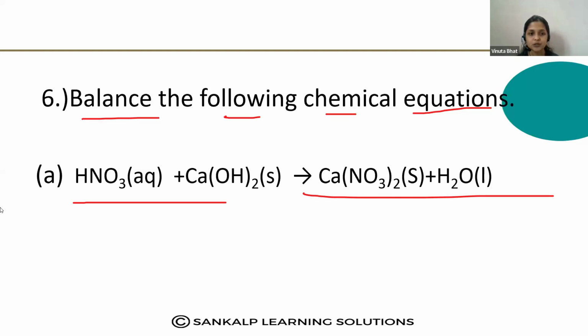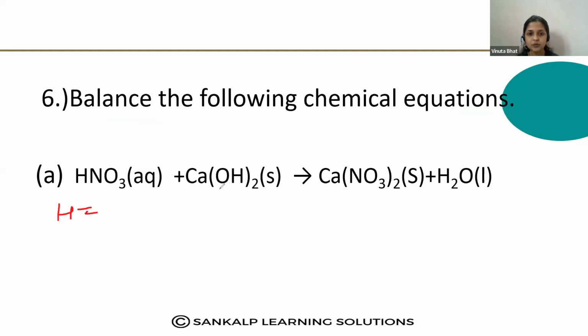Let us check the hydrogen. Hydrogen is 2 plus 1, 3 here. Nitrogen, 1. Oxygen, 3 plus 2, 5 oxygen. Then calcium, that is 1.